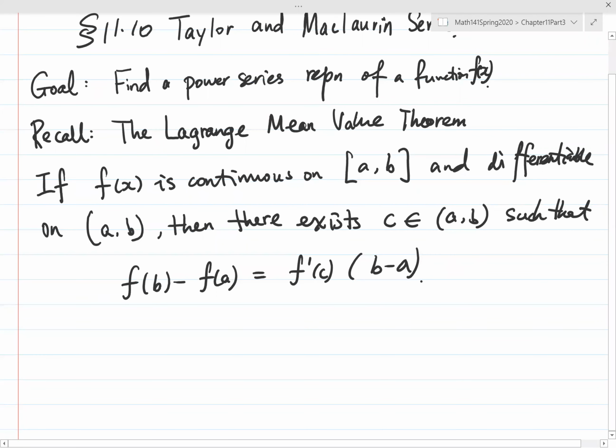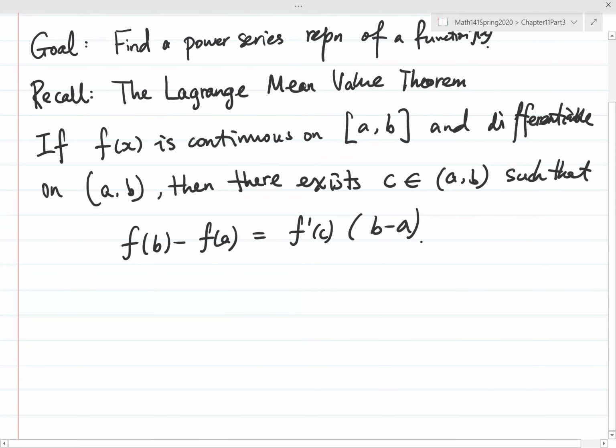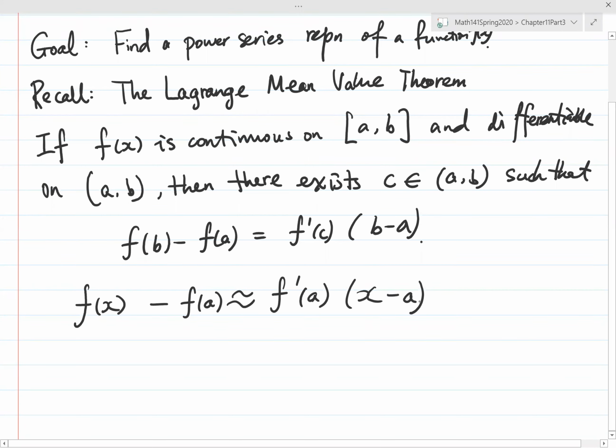Remember, we have linear approximation. This actually uses the mean value theorem. Linear approximation says f(x) minus f(a) is approximately f'(a) times (x minus a). The reason is, suppose the function is nice, for instance the second derivative exists.